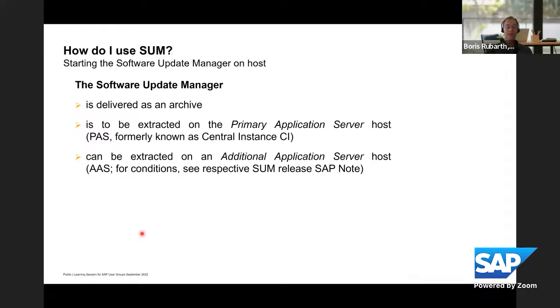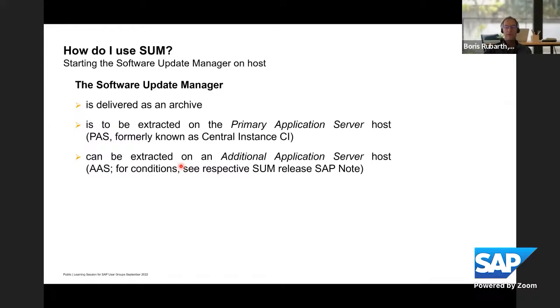You will extract this archive typically on the primary application server host. That's what we previously called the central instance. But you can as well extract the SUM archive on an additional application server host. There are reasons for this.